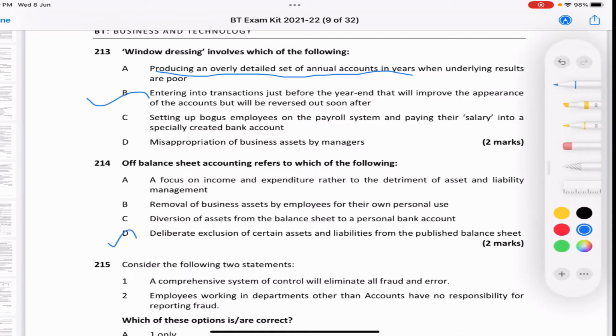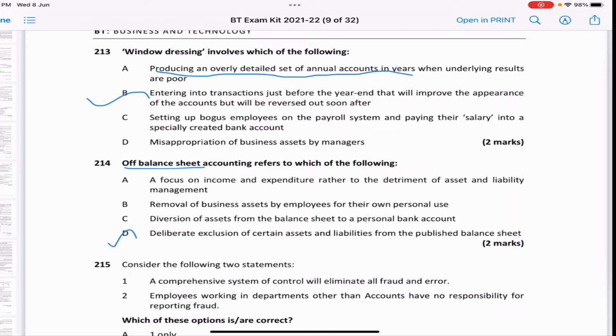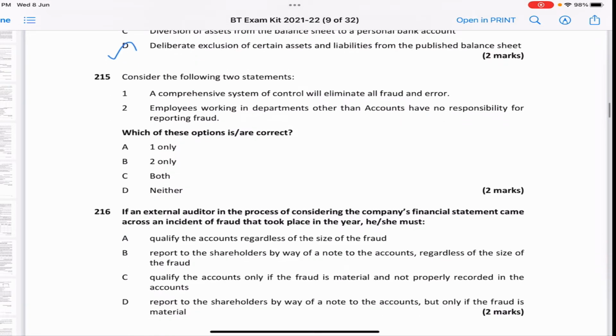The answer is D. In this question, we're talking about off balance sheet accounting, which means deliberately excluding some assets and liabilities from the published balance sheet. An example is a 2-year lease of a building. Under current accounting practices, we do not have to show the asset or the related obligation to pay the rental amounts on the balance sheet. However, we have to use the asset and have a contractual obligation to pay the rentals. So, off balance sheet accounting is that.